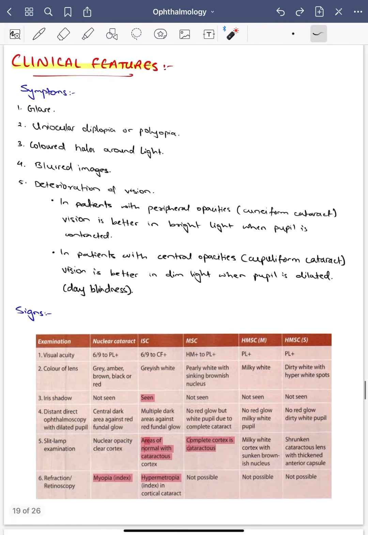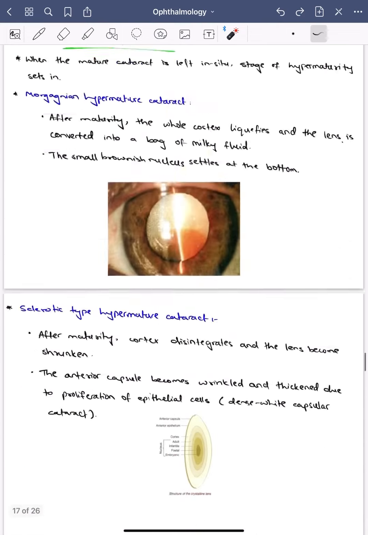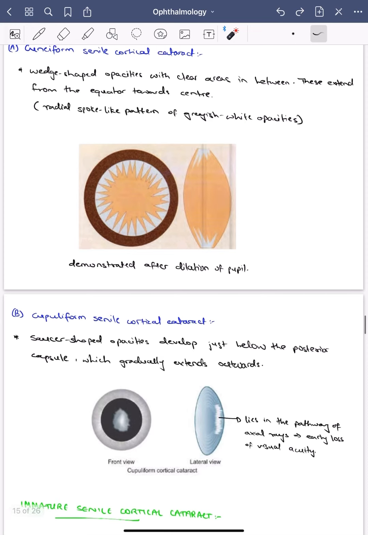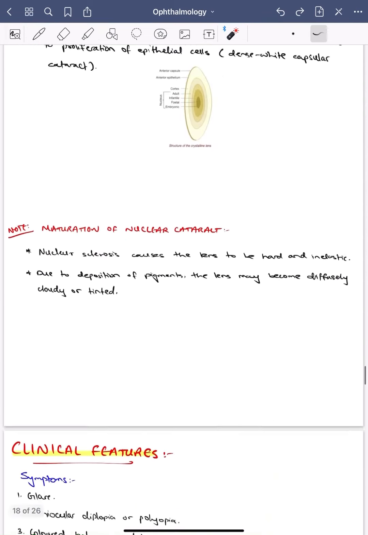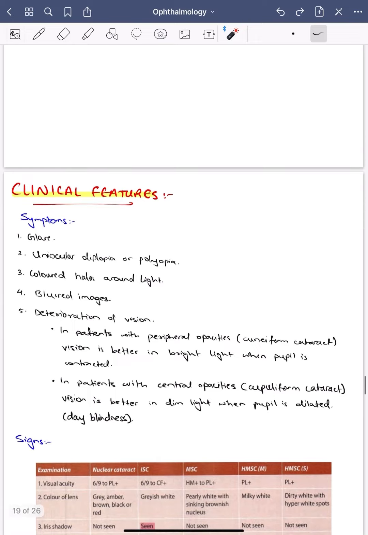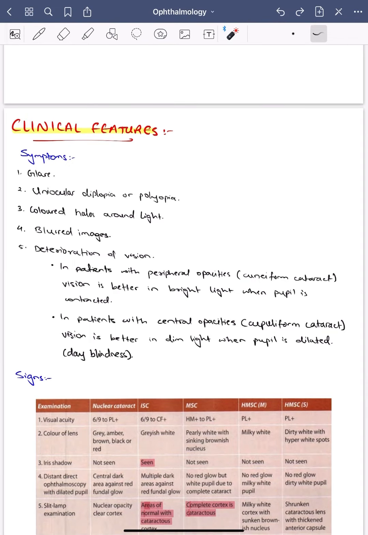In patients with peripheral opacities, an example being cuneiform cataract, the vision is better when the pupil is constricted. Why? If we come back to this diagram here, if the pupil is constricted, the opacities disappear, right? Hence such patients have better vision in bright light.